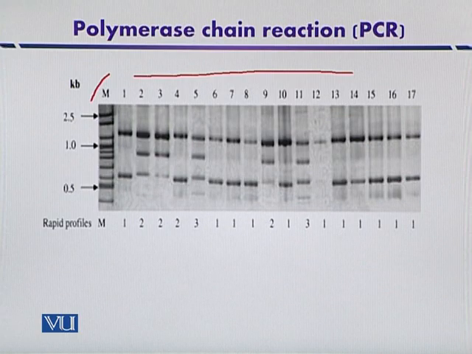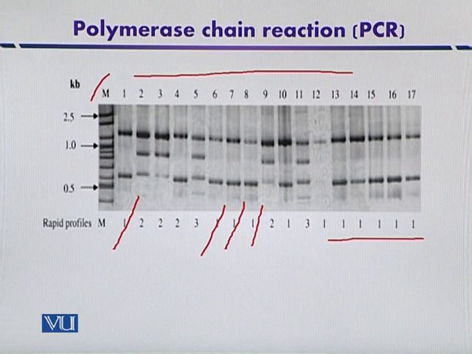And here the fragment pattern will indicate whether these strains of microbes are related to each other or not. For example, at the lower side of the gel, the number 1 pattern is the same in most of the cases. Mainly 2 bands are detected, here and here, and on the left side here and here.